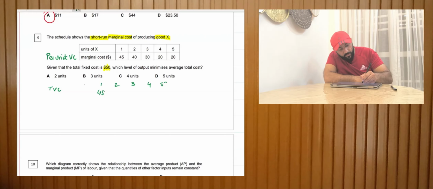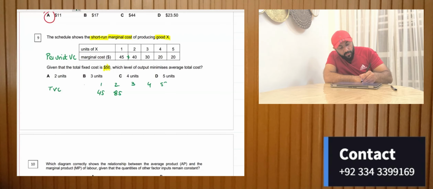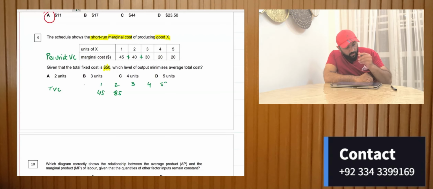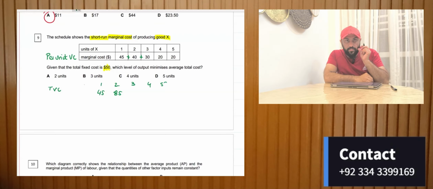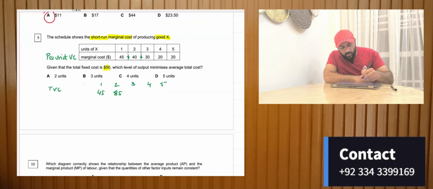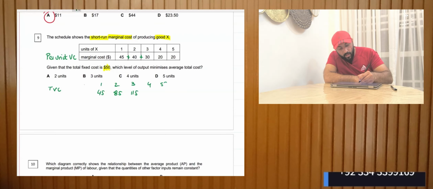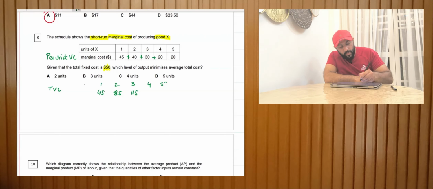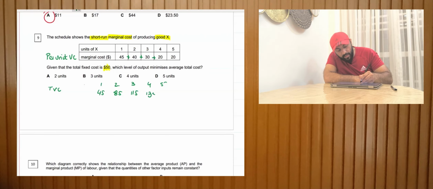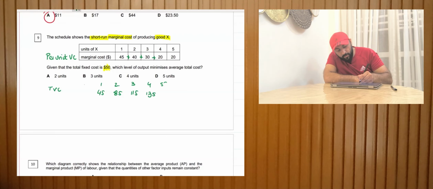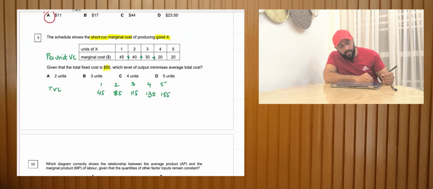For the second unit we just need to add both of them, 45 and 40. This gives me 85. For the third we need to add all three of them, so 85 plus 30 would give me 115 if I'm not wrong. 115 plus 20 would give me 135, and 135 plus 20 would give me 155.